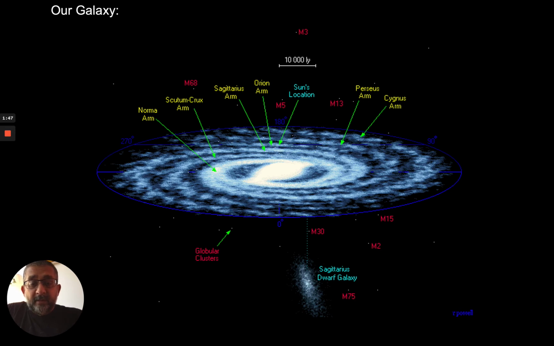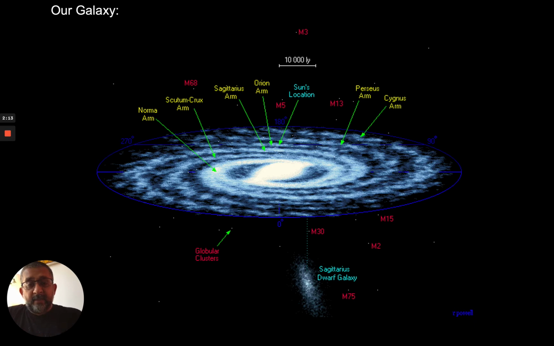A better way to have a look at this is to look at it just a little bit side on. And as you can see, some of the objects that you'll be seeing tonight, M30, M15, for instance, are based slightly outside of the disk of the galaxy, so the disk of the Milky Way.